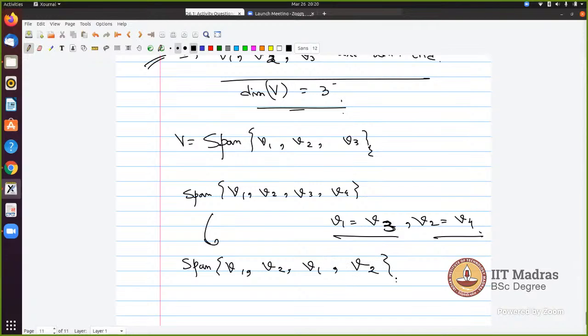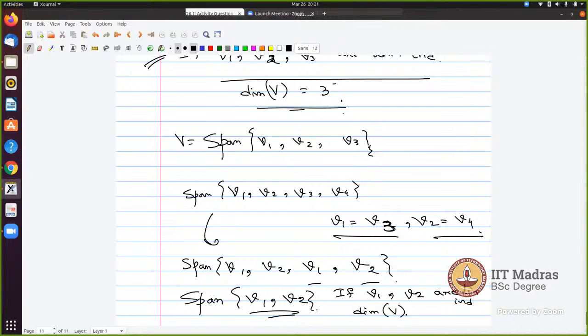Basically I am repeating these two elements, so we don't need to repeat them. So basically V1, V2. If V1 and V2 are linearly independent, then the dimension will be 2. So it can also be 2, right, if these are the relations.